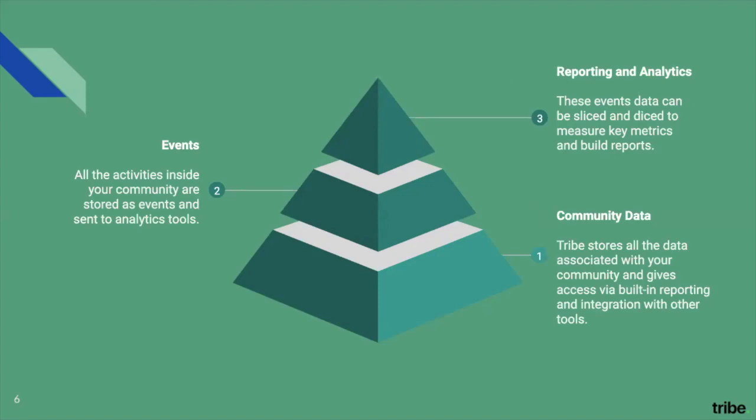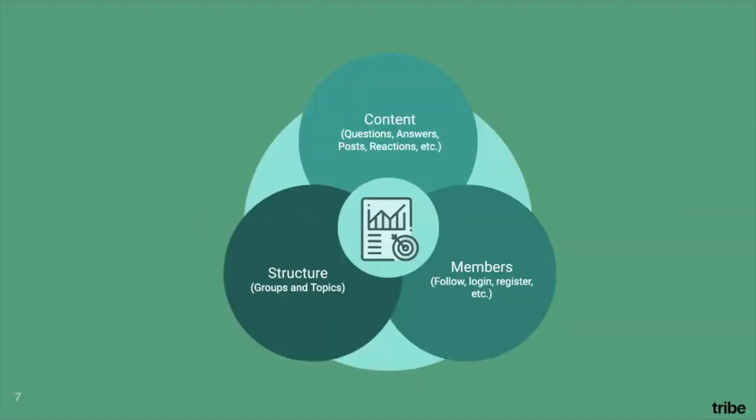And then on the top level, we have the events. So any activities that are being taken by your community members are being passed and recorded. And at the top of that, we have the reporting and analytics, how we actually create a dashboard to measure that data.